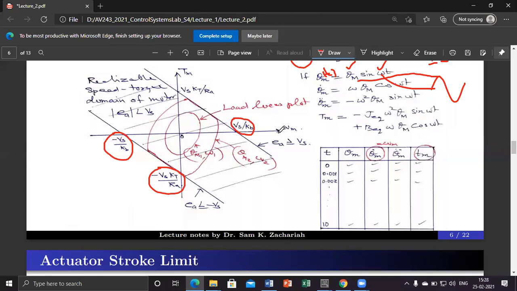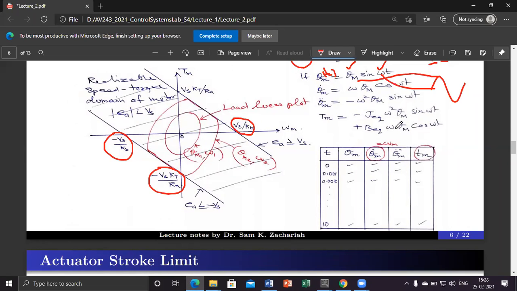Because here also it's omega m, don't confuse this omega m with omega. Omega m here is the speed of the motor, that is the same as theta m dot. That is what I have written here. Theta m dot is the same as omega m, where omega is the frequency of operation.